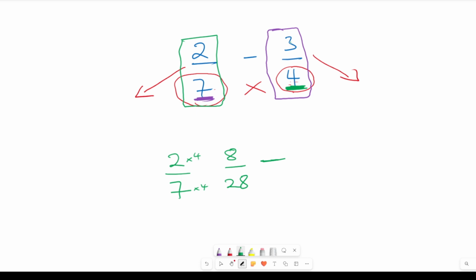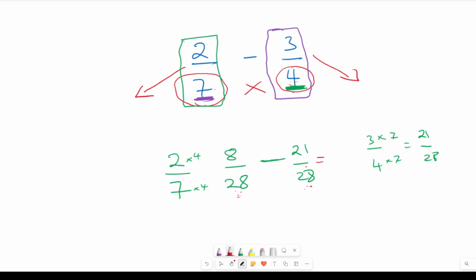Now I'm going to multiply this 3/4, both parts by 7. And that gives me 21/28. So what I have done, I've used the concept of equivalent fractions to make both fractions have the same denominator.